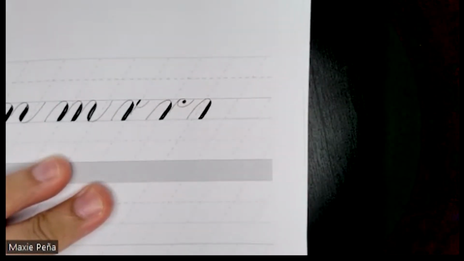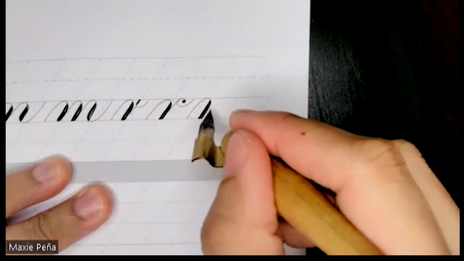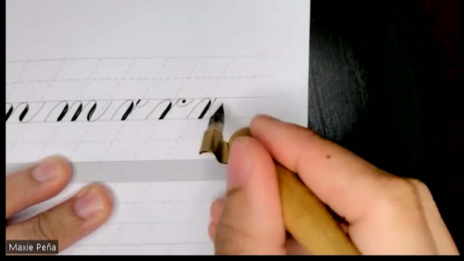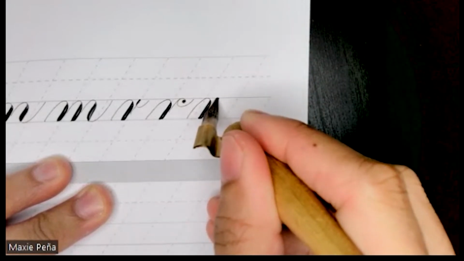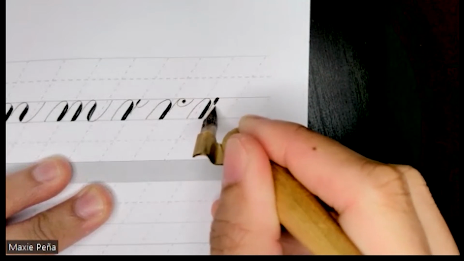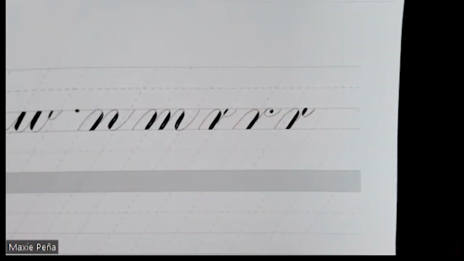Let me just clean my nib a little. Okay. Another straight stroke, and we will exit with a flat top, a little bit of an underturn shade. Okay.